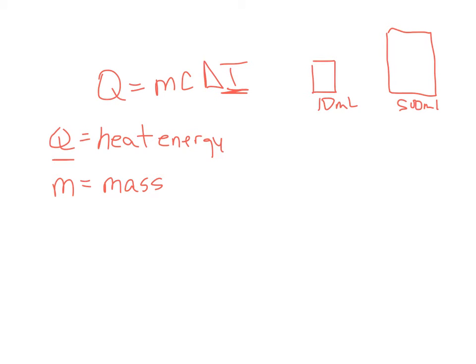It's still going to essentially require the same amount of energy per gram to increase, but the small one is not going to take as long to heat up because it's a lot less. So the masses will affect the energy absorption as well. That's one way to look at it.